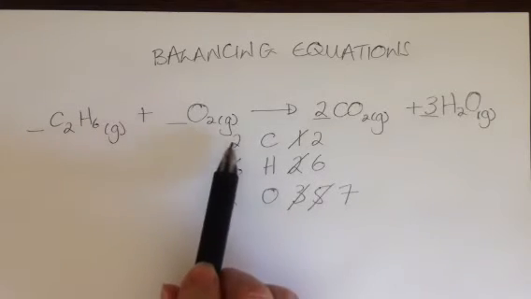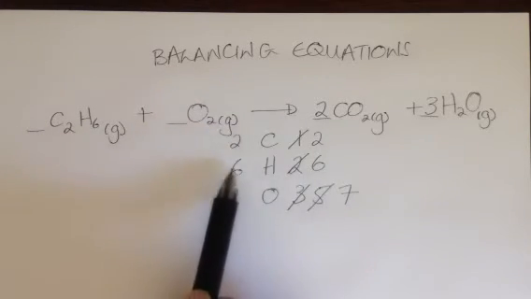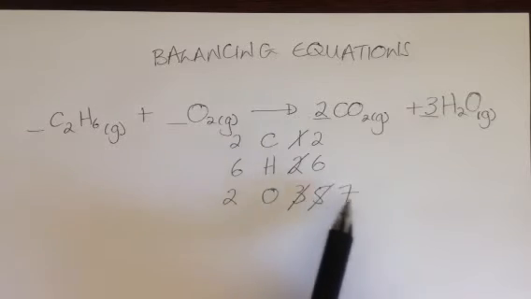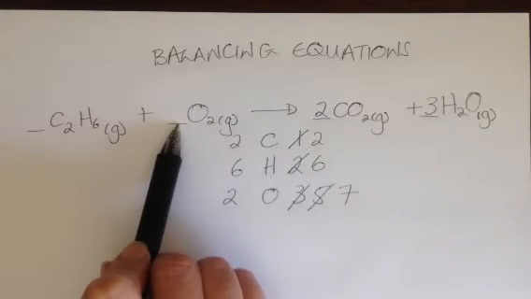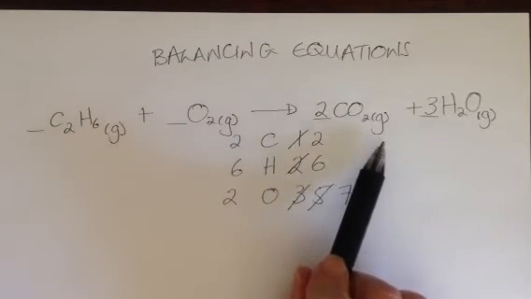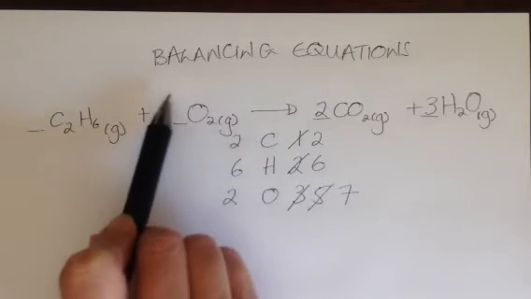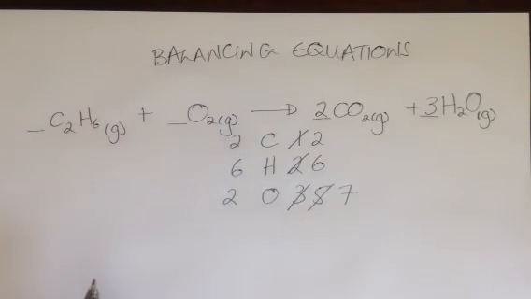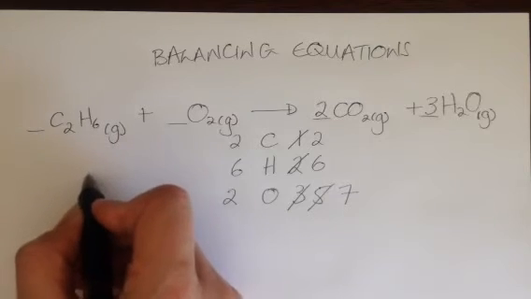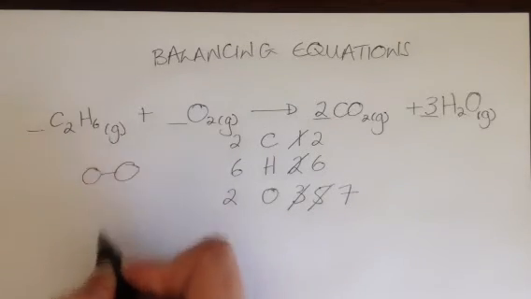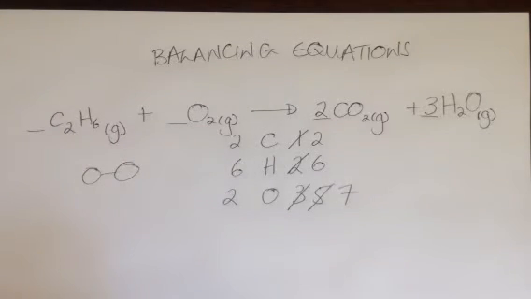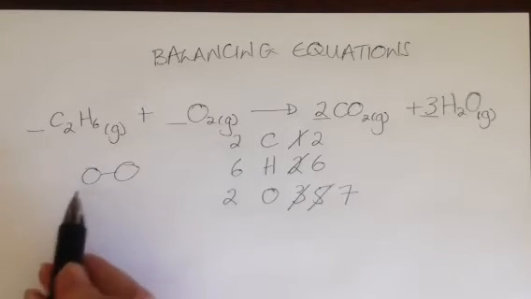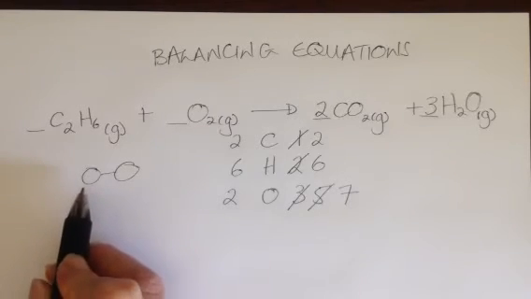So carbon is balanced, hydrogen is balanced, oxygen is not. I have 2 oxygens on this side and 7 on this side. So I need to make 7 oxygens out of an O2 molecule. Now remember, an O2 molecule contains 2 oxygens, right? So to get 7 oxygen atoms, I'm going to need an odd number of oxygen molecules.